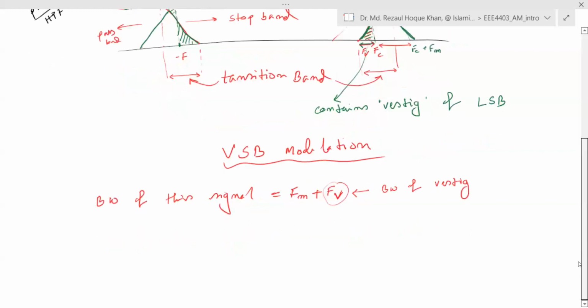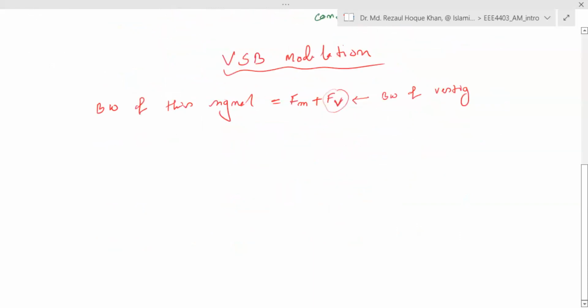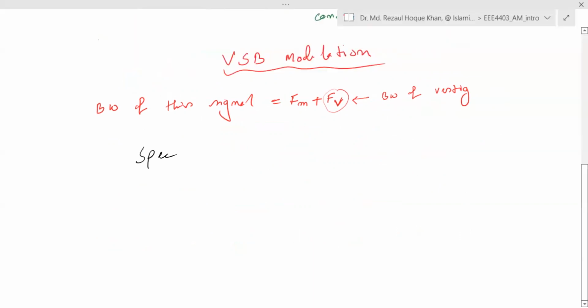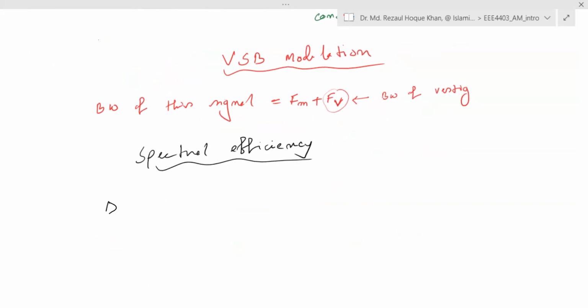Now, let's see how the spectral efficiency varies between these three different mechanisms. First one, we had double sideband suppressed carrier, whose bandwidth was twice FM. It has higher bandwidth than single sideband SSB, right?